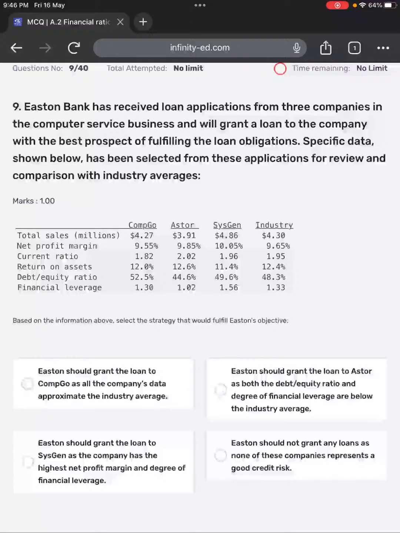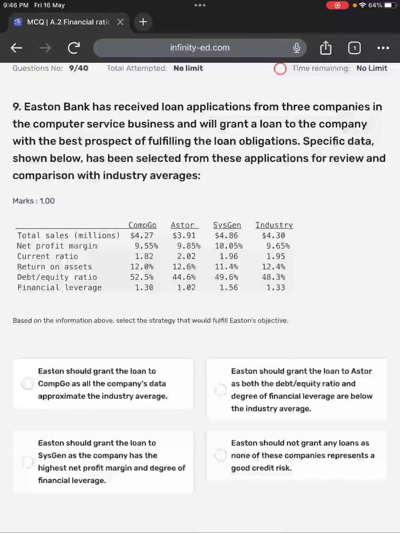Company Go. Current ratio: Astro has the highest. Return on asset: Astro has the highest. Debt to equity ratio: Astro has the lowest.